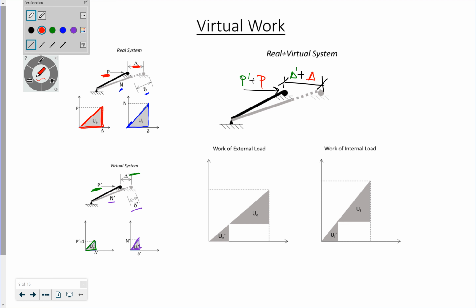And that's going to cause internal loads N prime plus N and an elongation in that bar, baby delta prime plus baby delta.